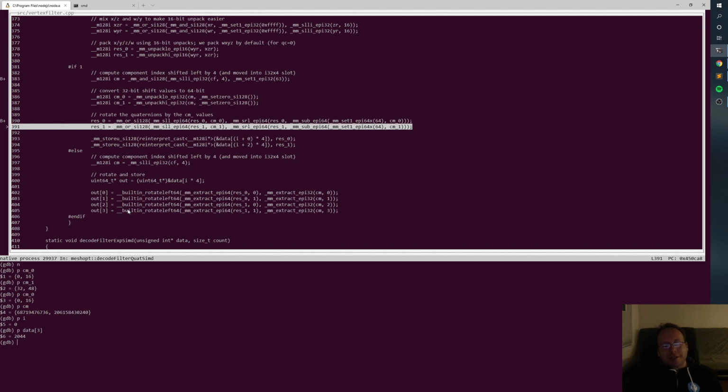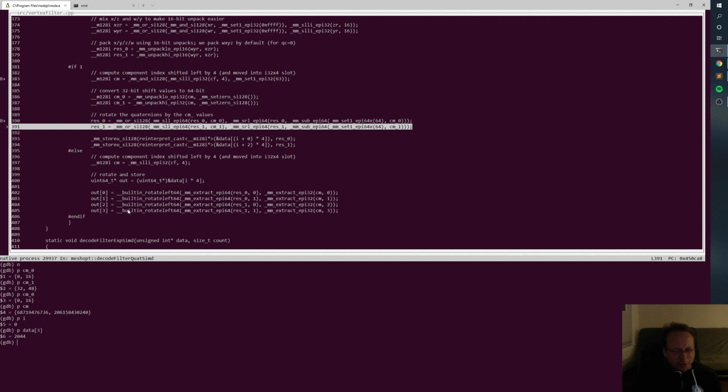I think I'm not rotating by the right value or something like this. Let's say the component index is 3. This means that the maximum component is a W component. This means we shouldn't shift at all.